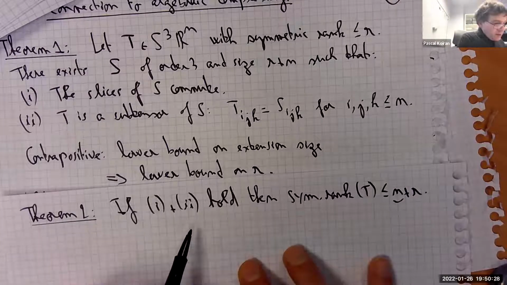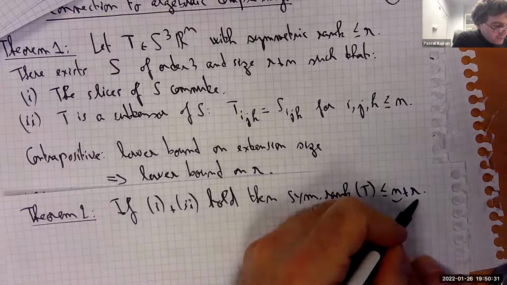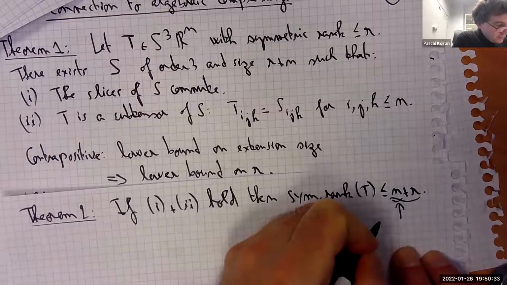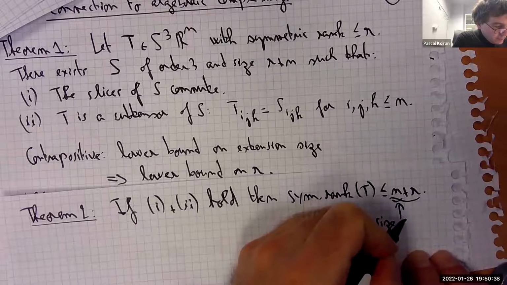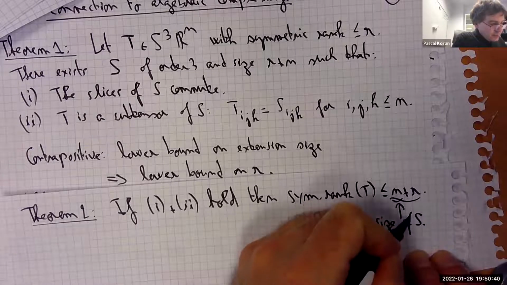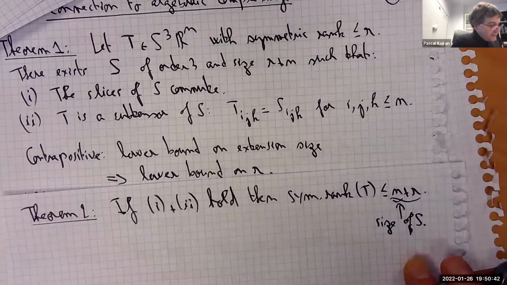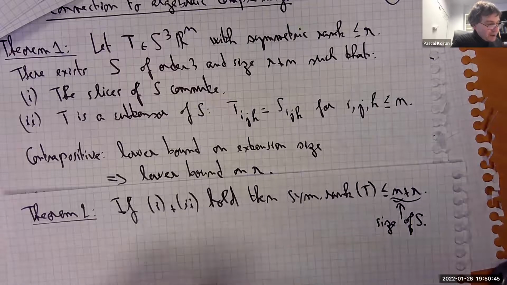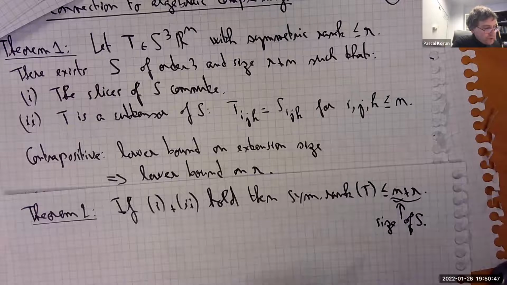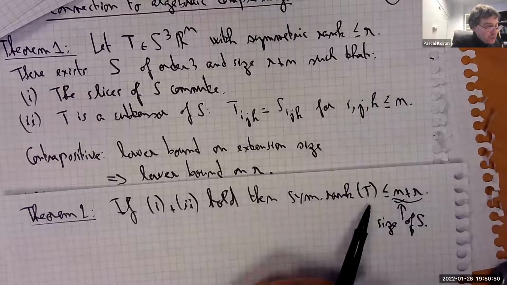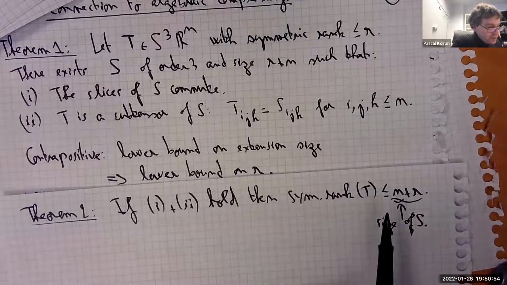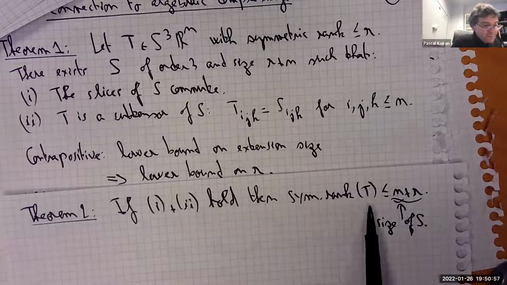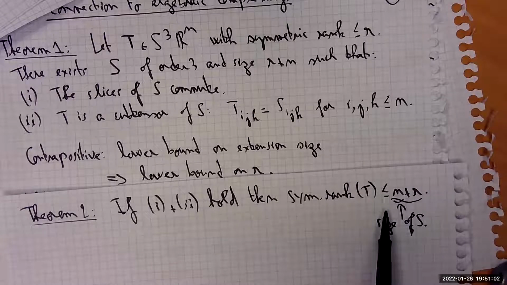I mean that n plus R is the size of S. So for instance, if I start from T, and if I have found a commuting extension of size 100, this means that the symmetric rank of T, my starting tensor, is at most 100. It's the size of S. Thank you.